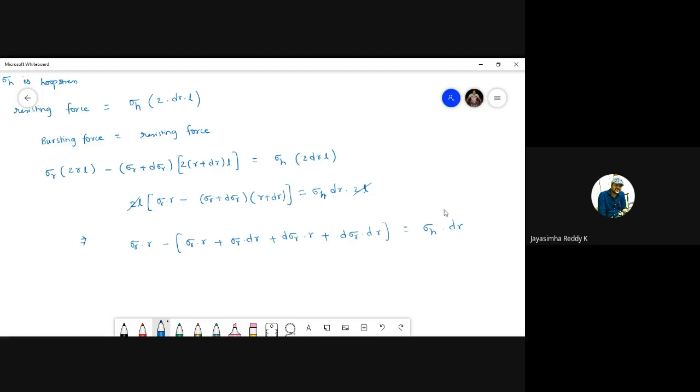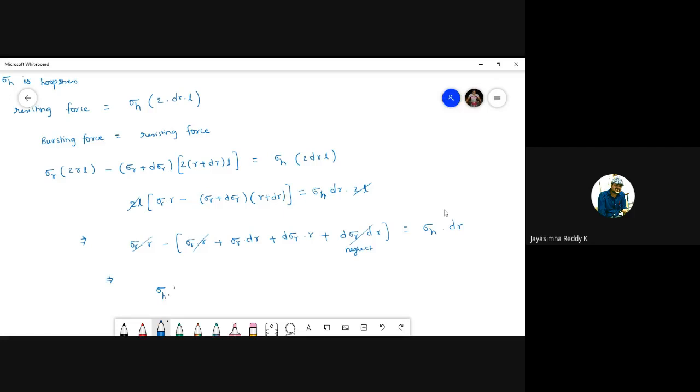So here if you open this bracket, sigma R into R and the minus sigma R into R will get cancelled. Another thing, students: d sigma R and dr are both very small, so their product can be neglected. So we'll get like this. I'll take all these terms to the other side and equate to 0.